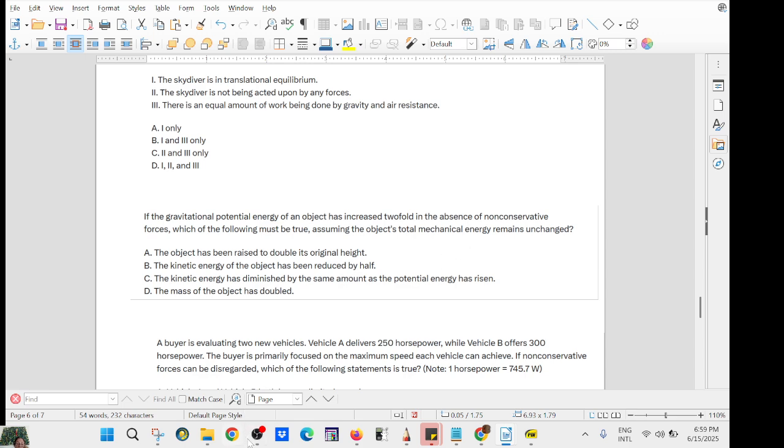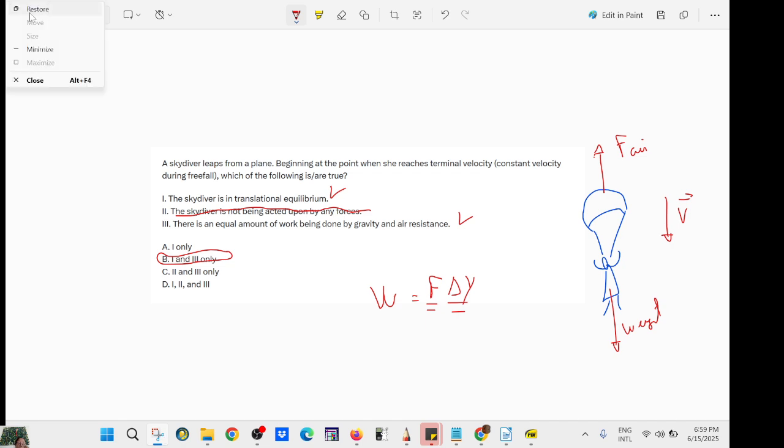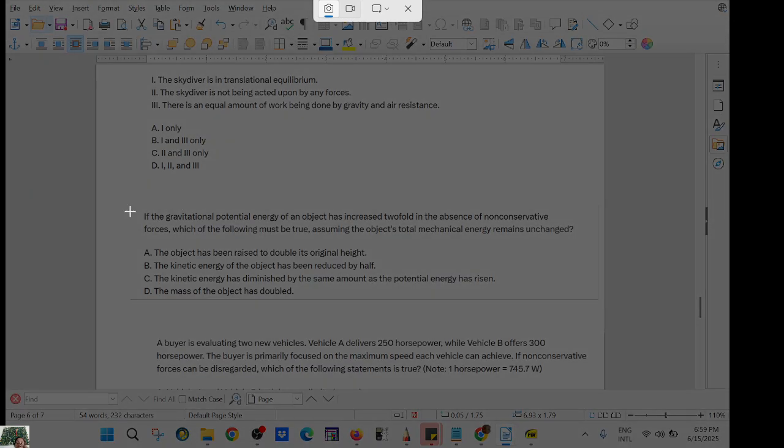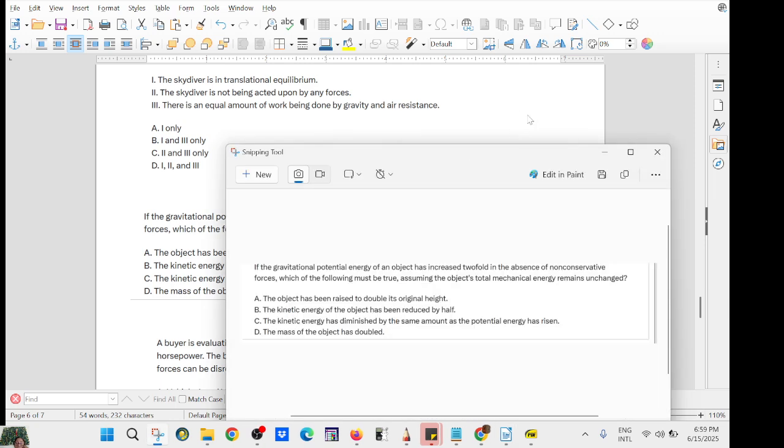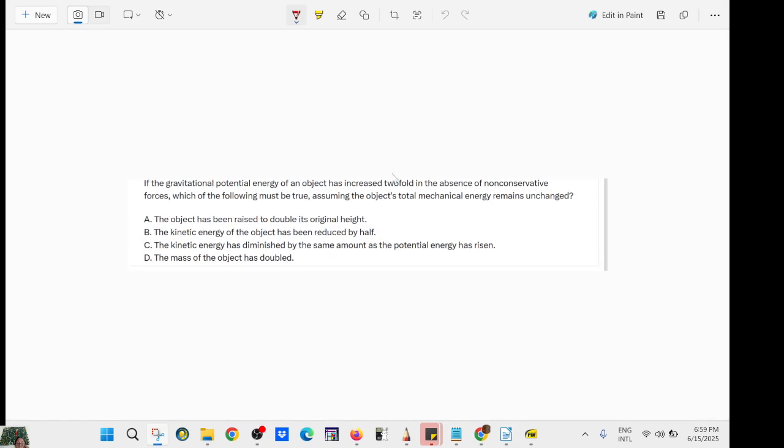So mechanical energy. Okay, let's take a look at this one. You can pause the video here. So twofold means multiplied by 2, right? So the mechanical energy is the sum of kinetic energy plus potential energy, and that stays the same if there is no friction or no air resistance.